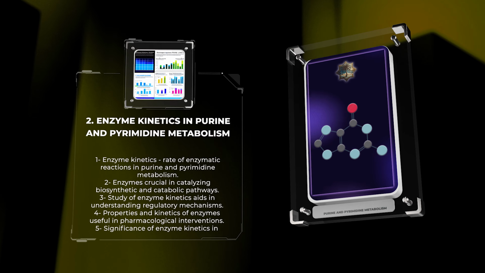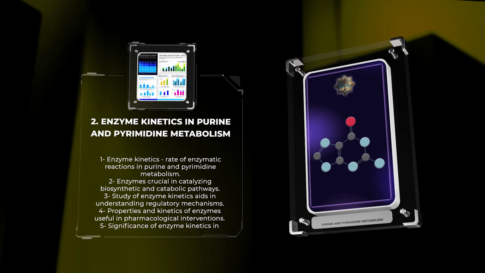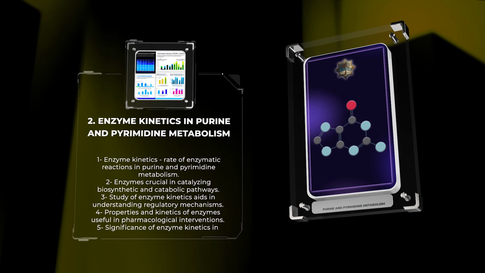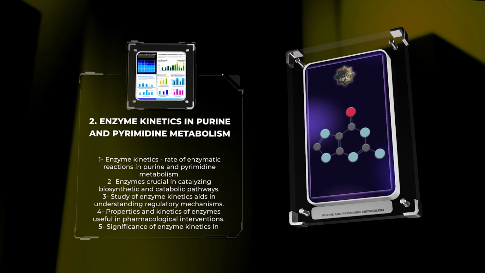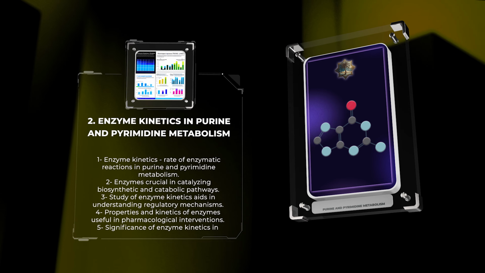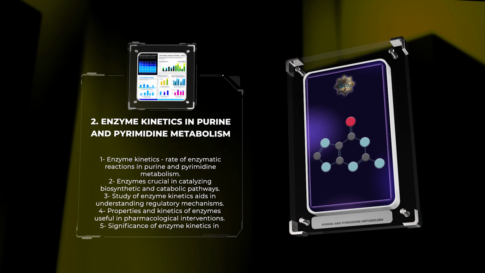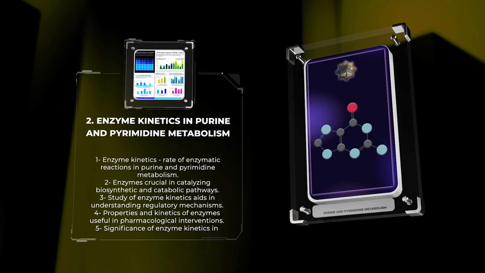By studying enzyme kinetics, we can better grasp the regulatory mechanisms governing nucleotide synthesis and degradation. Furthermore, understanding the properties and kinetics of these enzymes aids in the development of pharmacological interventions to target specific metabolic pathways. Now that we have established the significance of enzyme kinetics in purine and pyrimidine metabolism, let us delve deeper into the structure and function of nucleotides themselves.